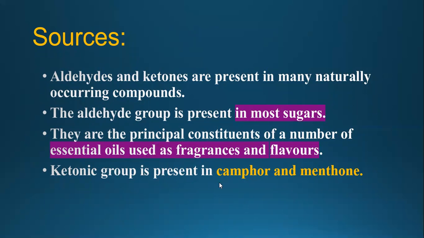While ketonic group is present in camphor, and camphor means the kapoor which we use over dead bodies for burial purposes, and menthone, which is another chemical compound and a type of natural product. These two compounds, camphor and menthone, both contain ketonic functional group inside them.